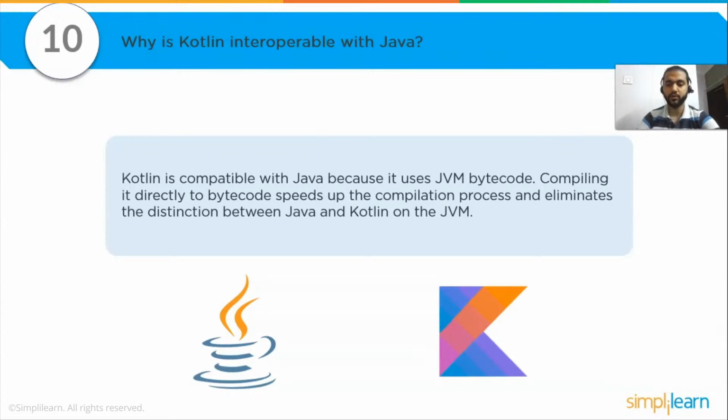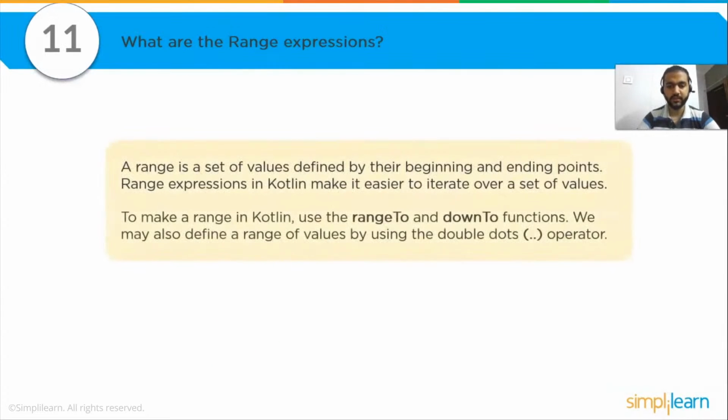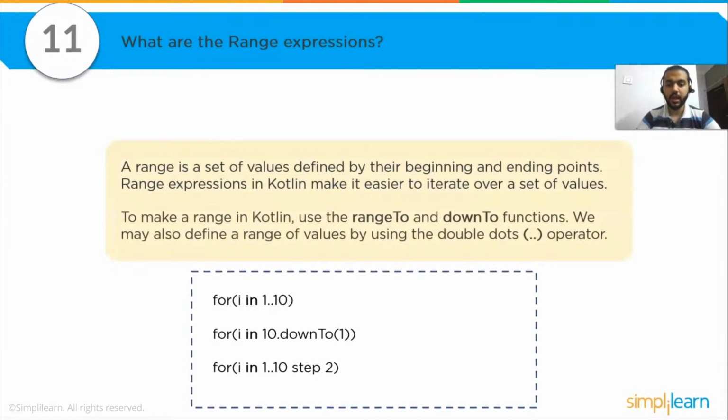Now coming to the 11th question, which is what are range expressions? A range is a set of values defined by their beginning and ending points. Range expressions in Kotlin make it easier to iterate over a set of values. To make a range in Kotlin, use the rangeTo and downTo functions.